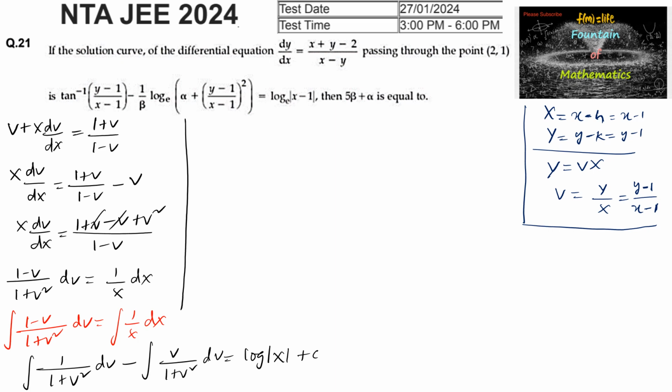And now integration of 1 upon 1 plus v square is tan inverse of v minus, and here let us multiply and divide with 2. So when we substitute 1 plus v square is equal to t, so 2v into dv is equal to dt, so here 1 by 2 integral of dt divided by t, which is equal to log mod x plus c.